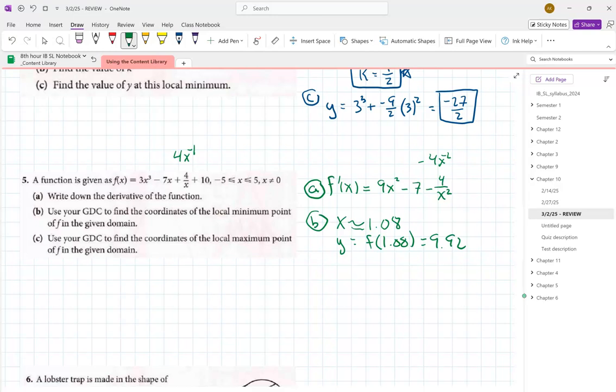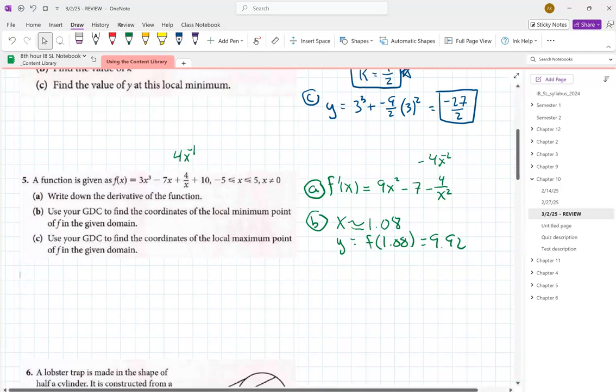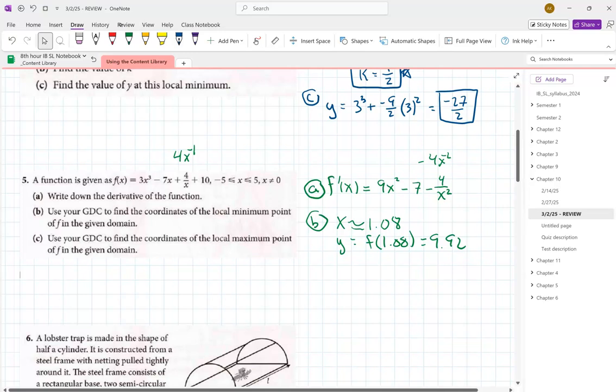What do you guys think? I'm not going to do part C because it's just the same thing, except now you're finding the maximum. You guys happy? So essentially, the easiest way is to just graph the derivative. That's what I do.